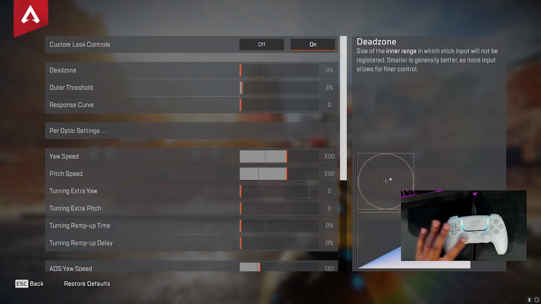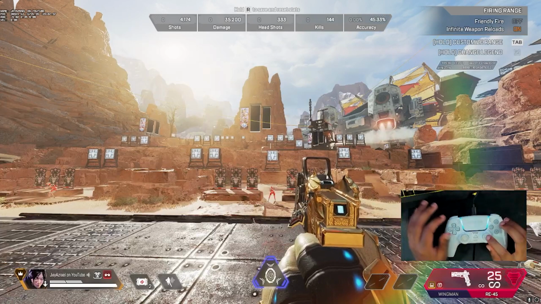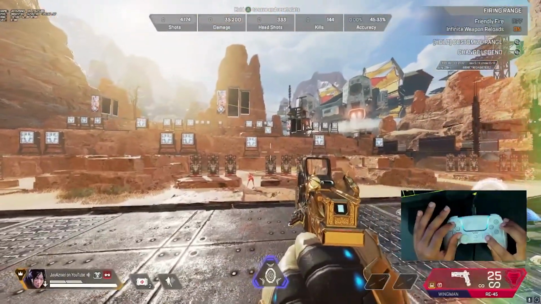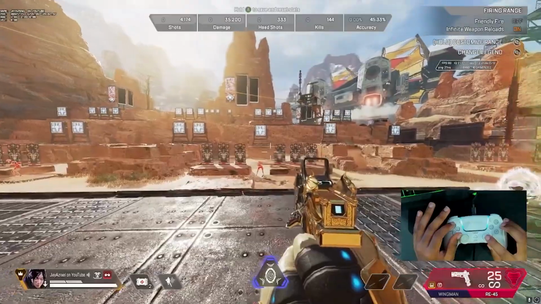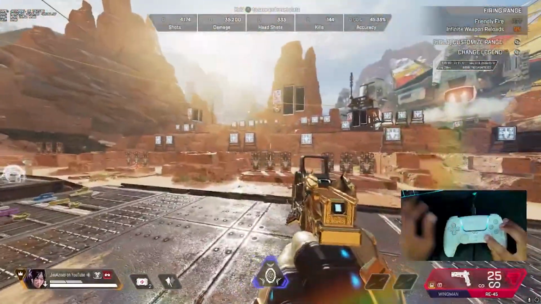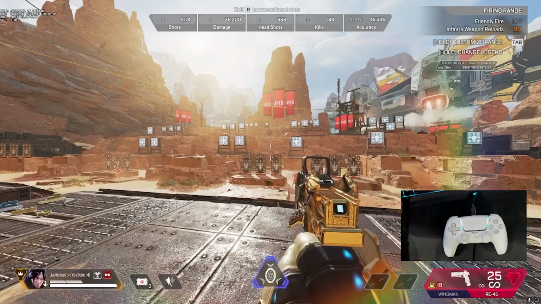The moment you move it, it immediately registers inside the game. Tiny movements register as tiny movements, and big movements immediately register as such.